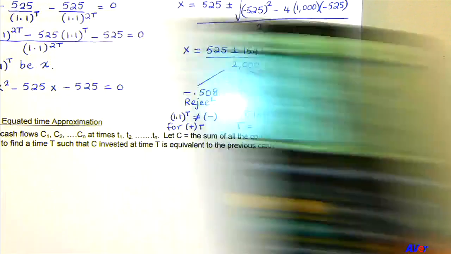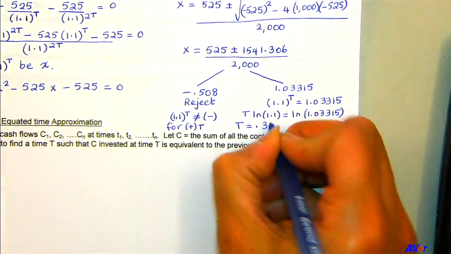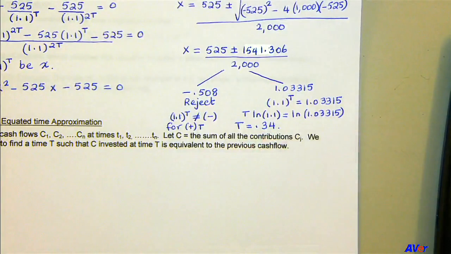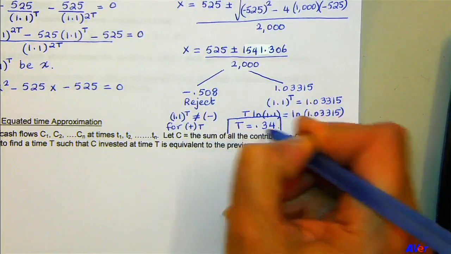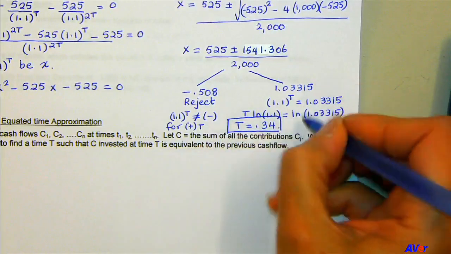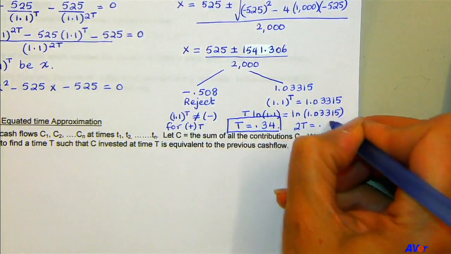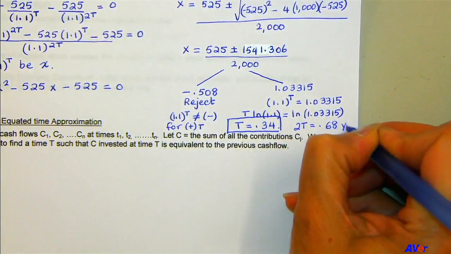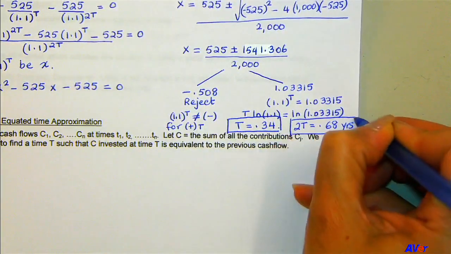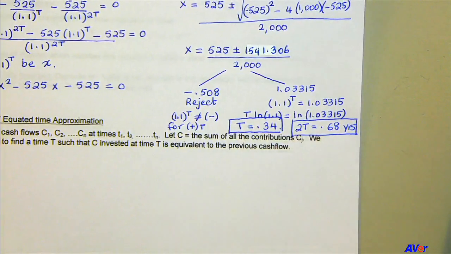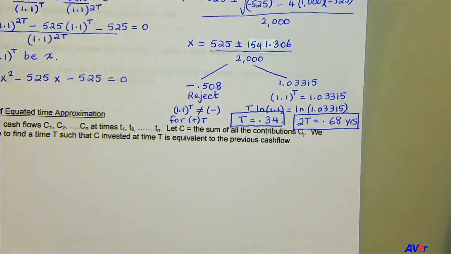That's 0.342. t equals 0.34. That's my answer. 0.34 years. And 2t equals 0.68 years. Those are the two times when the deposits, when the payments were made.